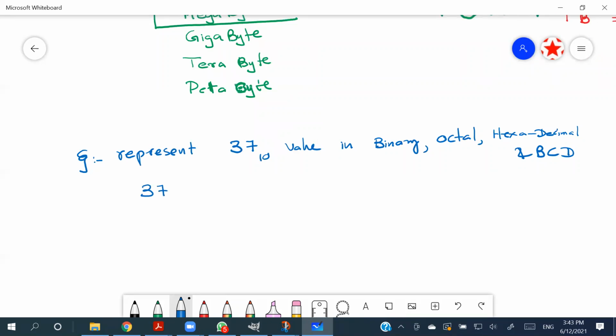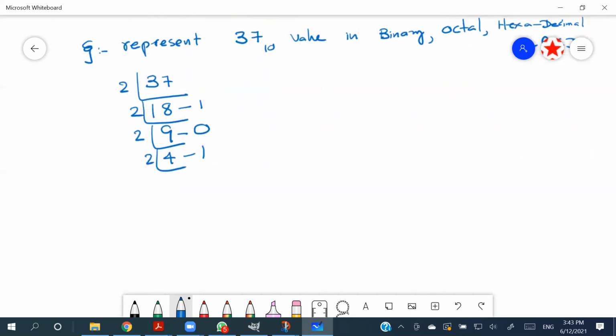Now how are we going to represent 37 in binary? We are going to divide it by 2. So 18 and 1 is remaining. We divide by 2 again, 9 and 0 is remaining. We divide by 2 again, 4 and 1 is remaining. Divide by 2 again, 2 and 0 is remaining.